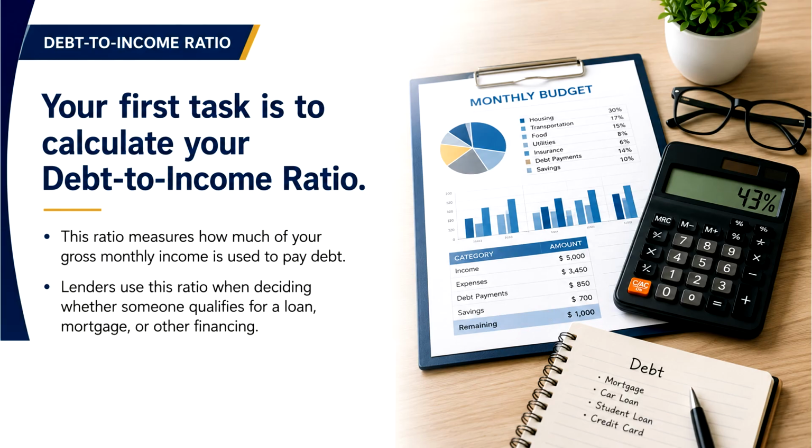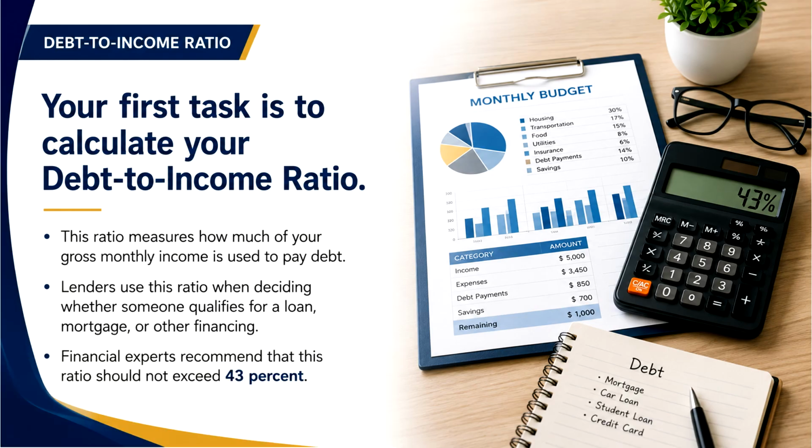Lenders use this ratio when deciding whether someone qualifies for a mortgage, car loan, or other type of financing. According to the assignment instructions, financial experts recommend that this ratio should not exceed 43%. The goal of this section is to determine whether your current debt level is manageable based on your income.